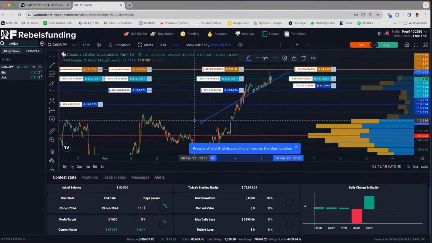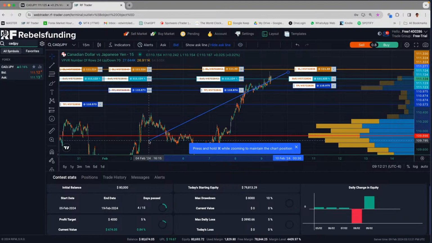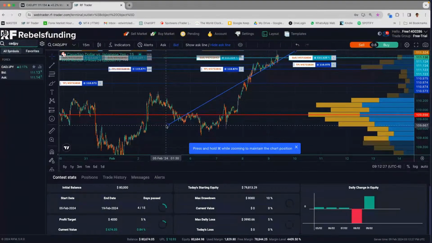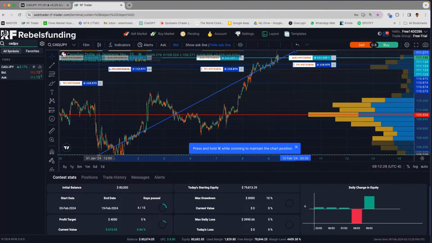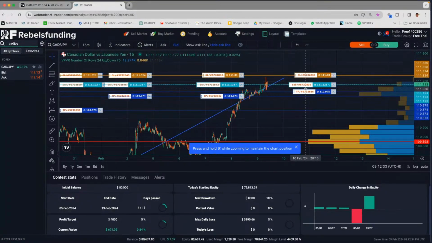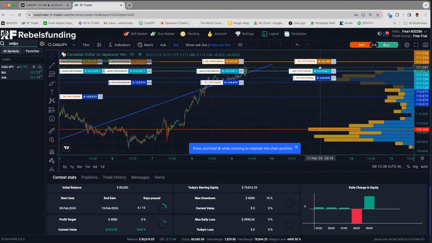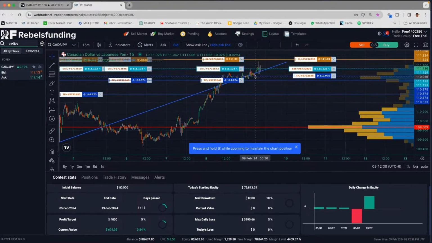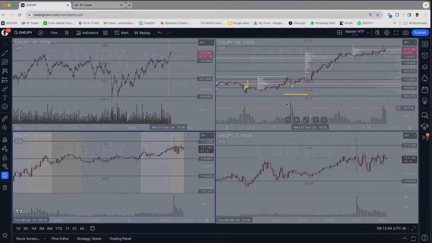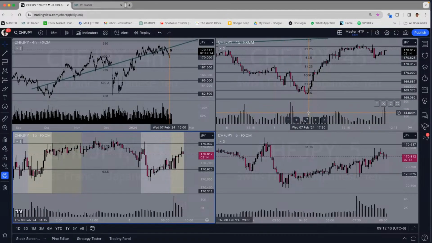I think this is the accurate line that price might be respecting. Let me see. See this? There are too many touches over there, and I think we could start seeing a shift on CAD JPY.